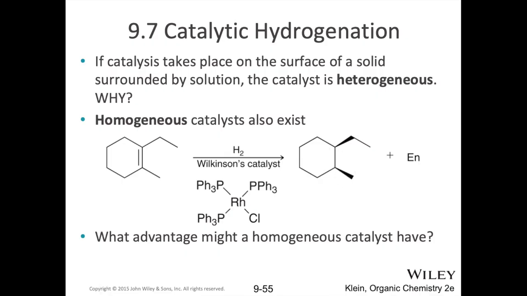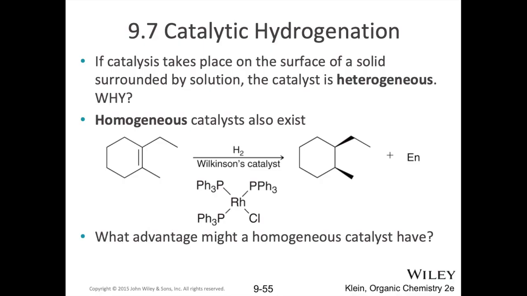The advantage here is you've got a homogeneous system instead of a heterogeneous one, which has its own set of advantages, such as you tend to have better selectivity for one set of products versus another, both regioselectivity and enantioselectivity. We'll get into that in a little bit. Sometimes you just see higher yields and things like that.